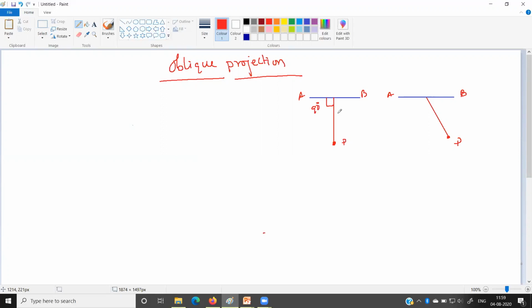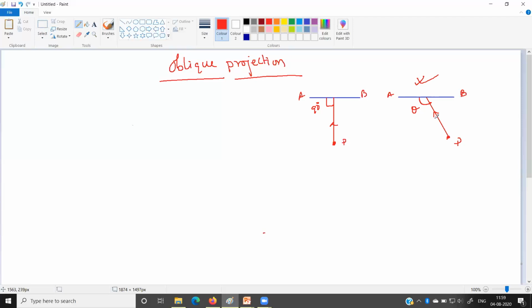Fine. But in case of oblique projection, the projectors or projection lines coming from the point P fall on the projection plane, which is AB, and create an angle theta, which is not 90 degrees. So this type of projection is called the oblique projection.